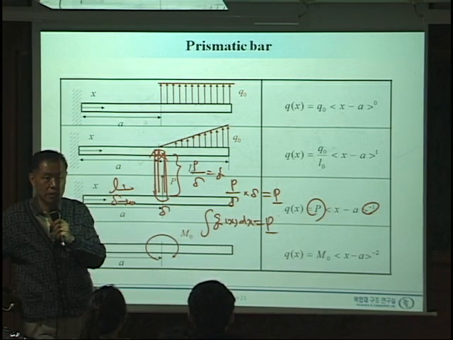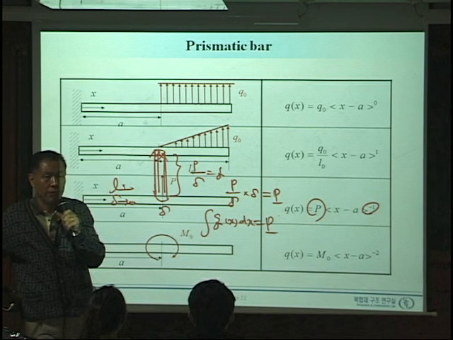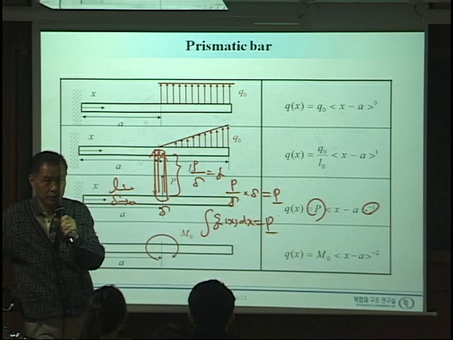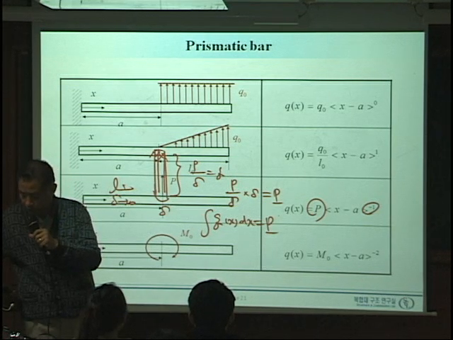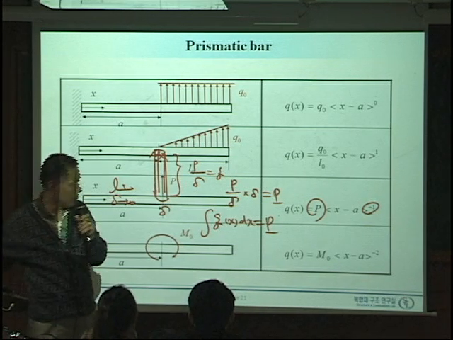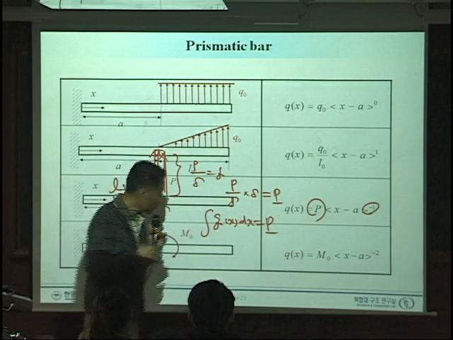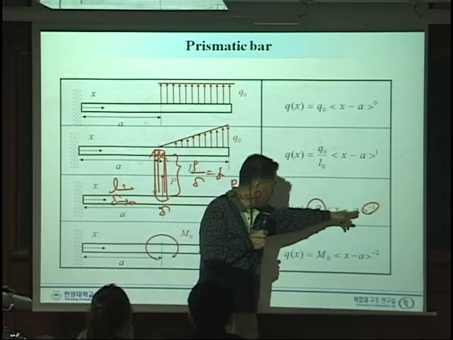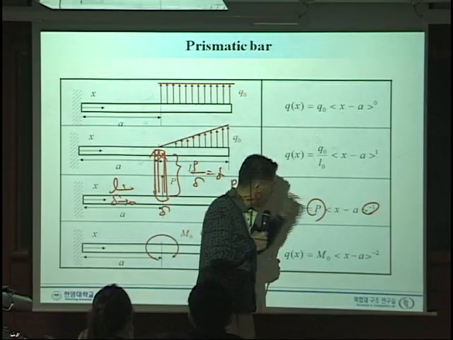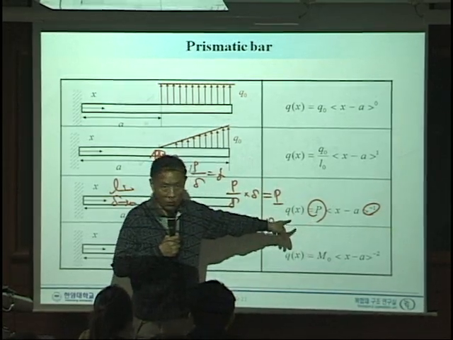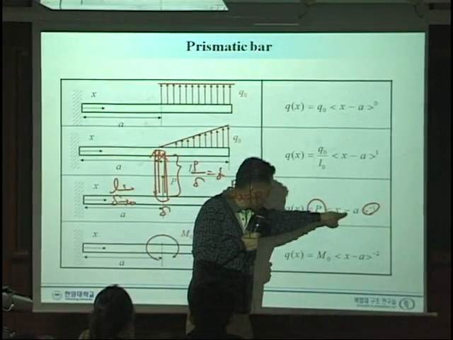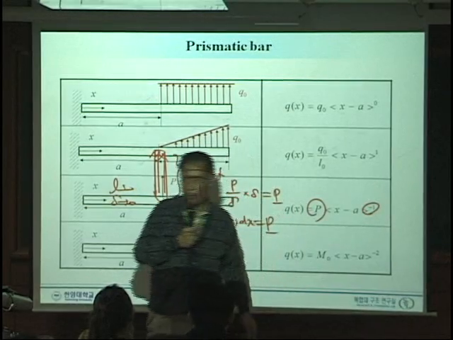Okay, this kind of function is called a singularity function or delta function, and we can simply use the symbol minus 1 here. P is a force, P times x minus a to the power of minus 1.